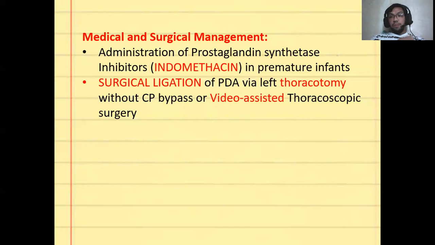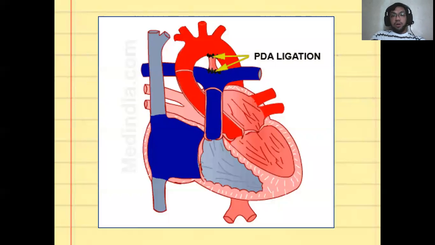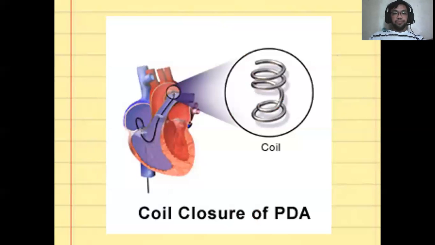So they're going to make an opening in the left thorax without CP bypass. And it is, of course, video assisted, this type of surgery. They're just going to ligate that patent ductus arteriosus. So they are going to incise or do ligation on that patent ductus arteriosus and close it via sutures.